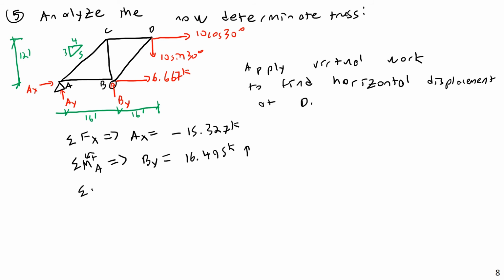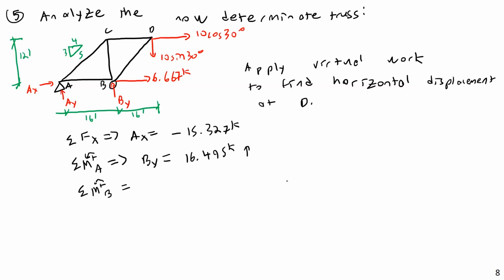And then if you do a sum of moments about point B, that will allow you to get AY. A sum of moments about B will tell you that AY is equal to negative 11.495 kips. So we have our reactions.